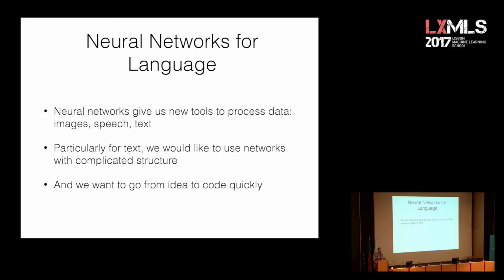I'm sure a lot of people have heard about neural networks and deep learning as a way to process images, speech, text. And particularly for text, and also for other applications like reinforcement learning, where you want to learn how to do something or other things, you end up wanting to use networks with complicated structure, and I'll show you some examples of this.